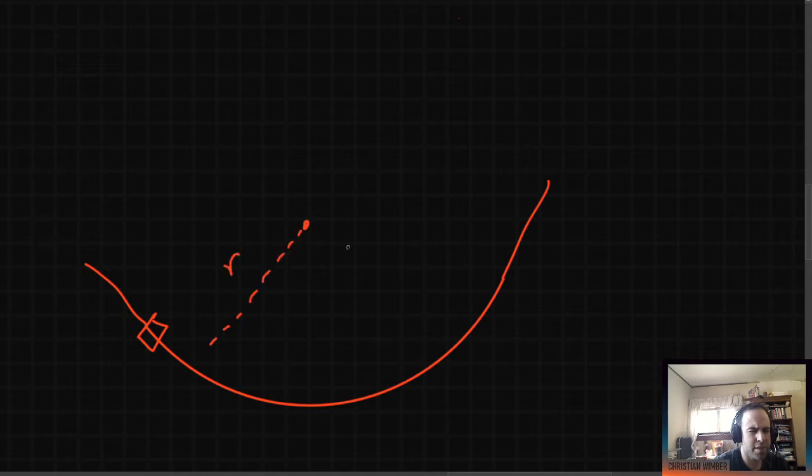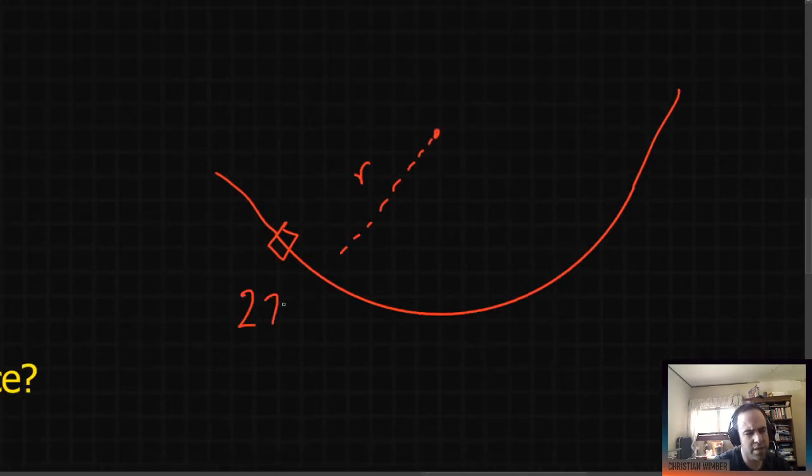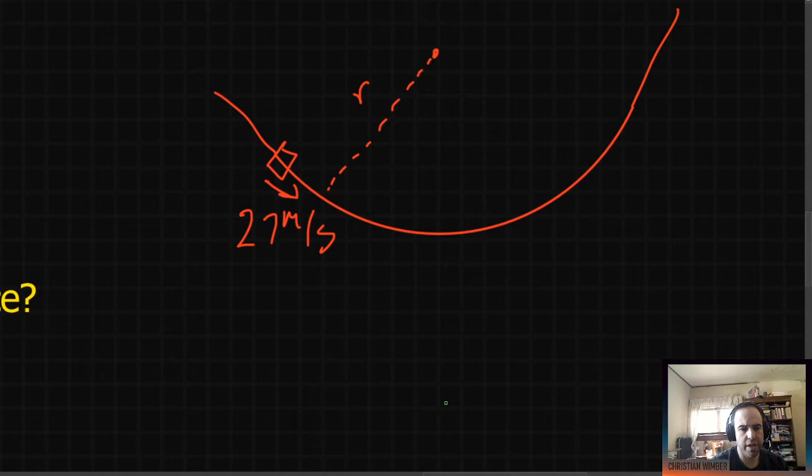So the question is, if you're moving at 27 meters per second along this circular path, what radius could we get, assuming that the path is banked 10 degrees? It does have to be banked towards the inside. I'm hoping that was somewhat obvious from the picture.